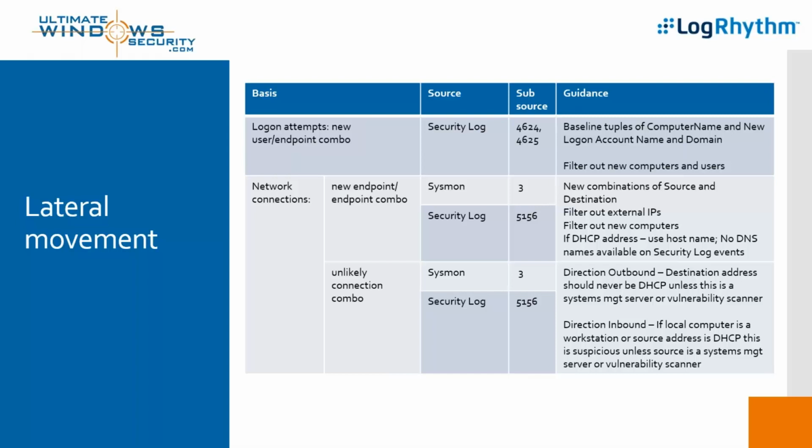Now, if the IP address you're dealing with is out of a DHCP range, you want to use your host name. Be aware, 5156 from the security log doesn't give you DNS host names at all. Sysmon does, if they were used when the network connection was constructed. So if you don't have DNS host names and the internal address is in a DHCP range, that's going to make it a little more difficult.